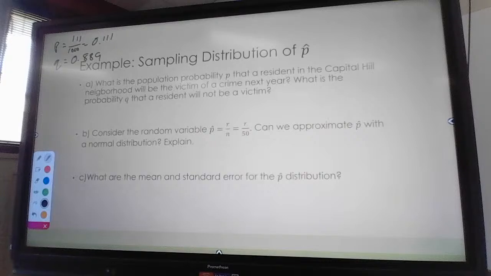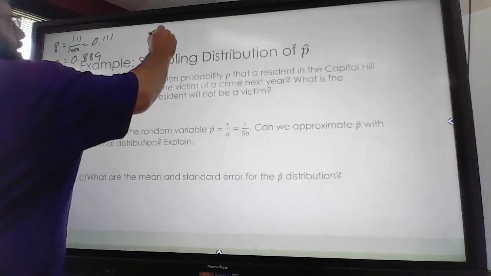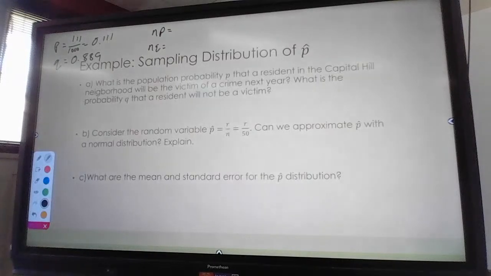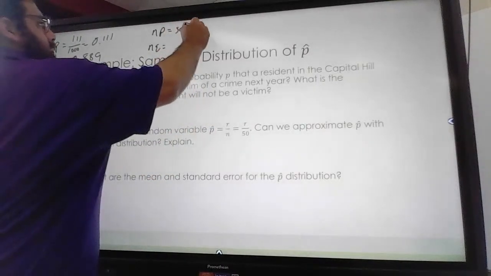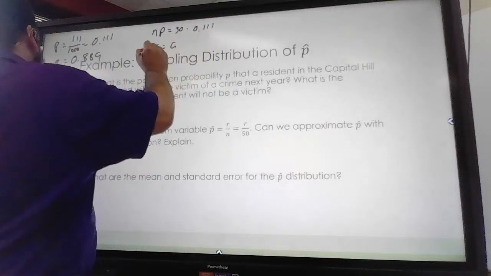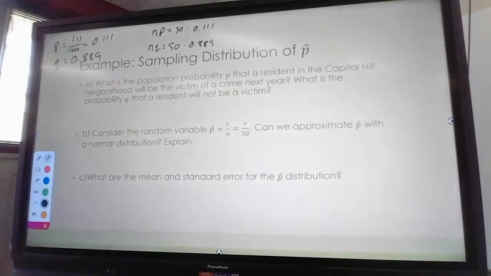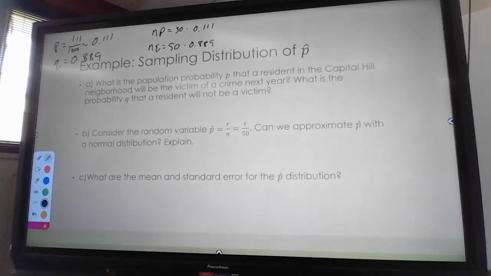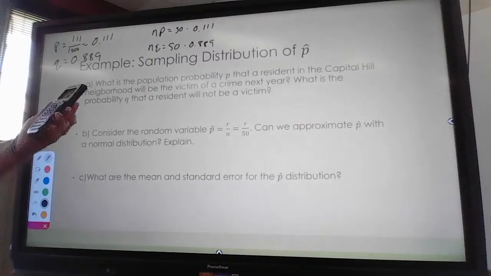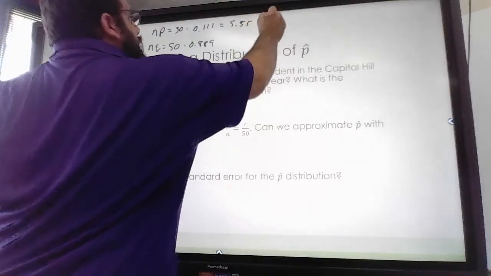Again, we need to calculate NP and NQ and see if they're both larger than 5. So N is 50, times 0.111, and 50 times 0.889. Let's calculate each of those. 50 times 0.111 gives a value of 5.55, which is larger than 5.